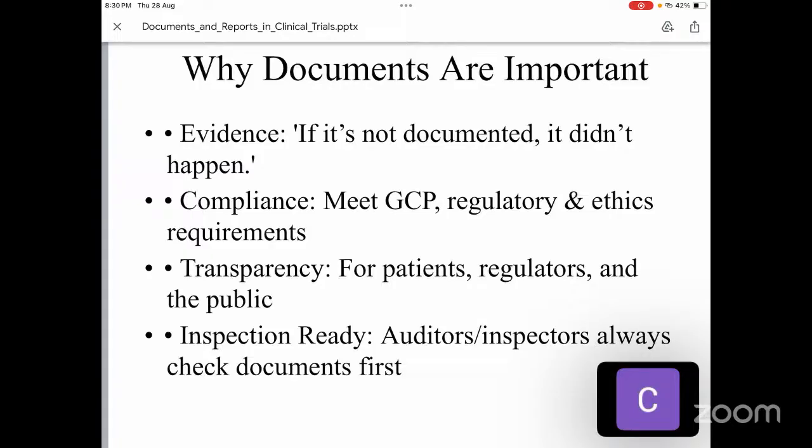And inspection ready. So for example, I have done a monitoring visit and there is no report. How will I ensure that monitoring has happened? Can someone prove it? How will they prove it? No matter how good my intention is, there may be a patient number 501. Tomorrow, that patient may feel that during the clinical research, they have not treated me well, they have not taken care of me.